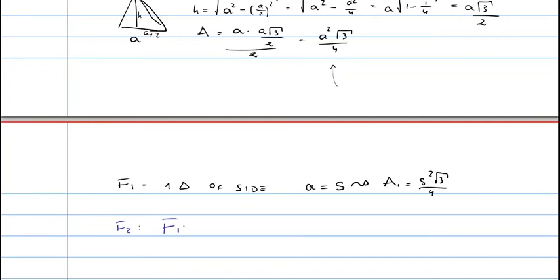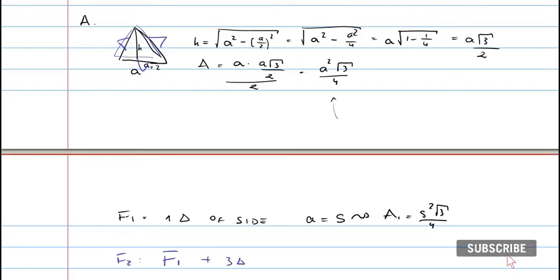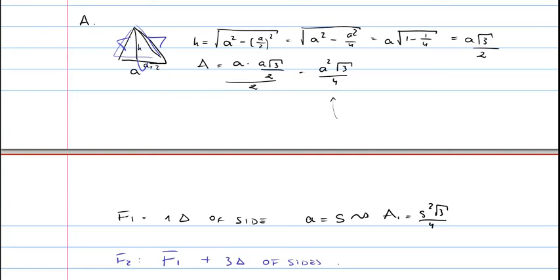the area from F1, because we have this whole triangle and we have to add 3 smaller triangles. So we have F1 plus 3 triangles of sides a equal to s divided by 3.